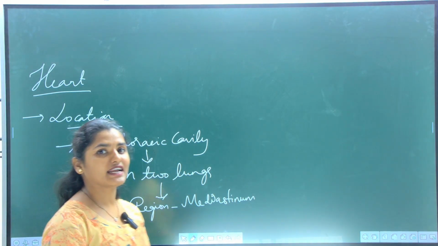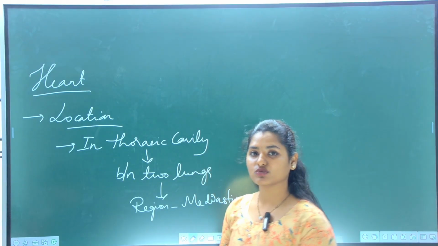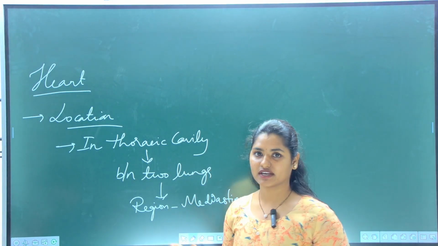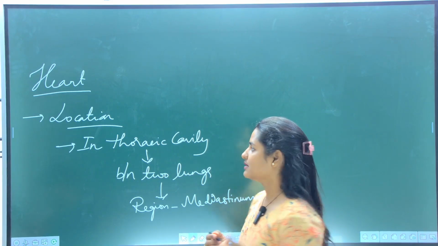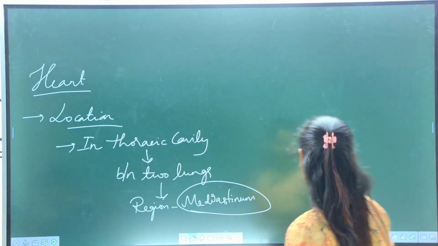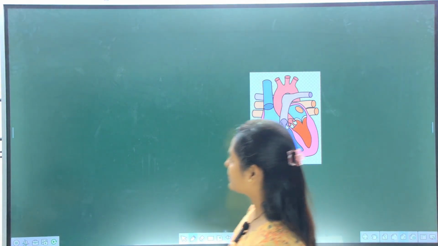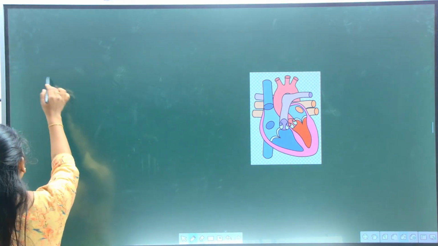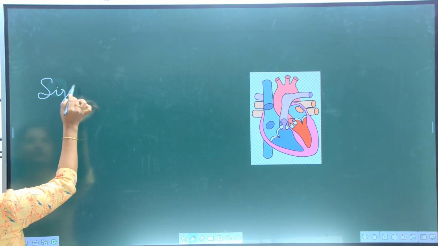So this is the exact location of the heart. Most people think that the heart is located exactly on the left side, but actually it is located in the mediastinum region. Okay, next we will get to know about the size and shape of the heart.